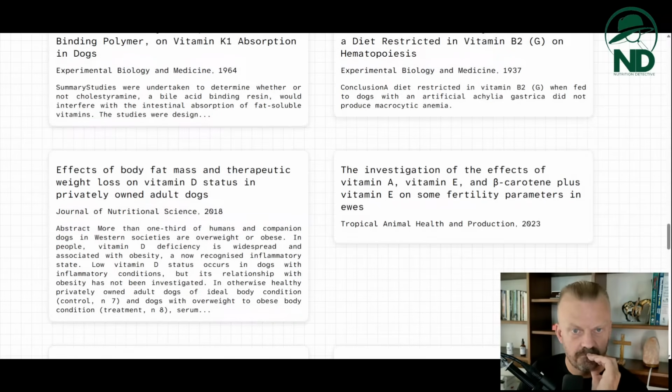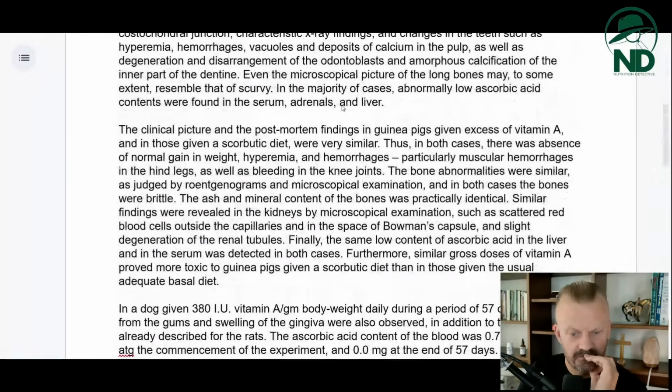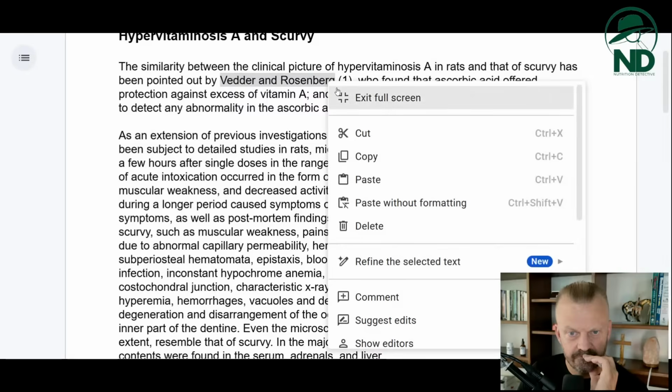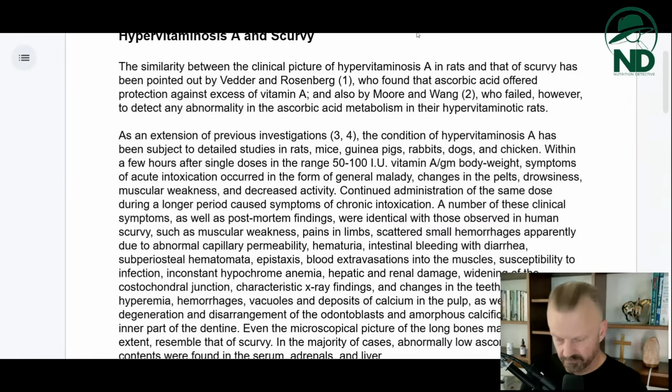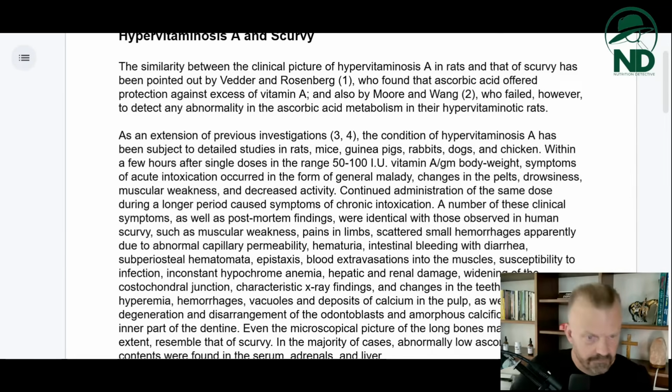Okay, so now these are the papers we got to find. Vetter and Rosenberg. What was it? Hypervitaminosis. Oh, come on.